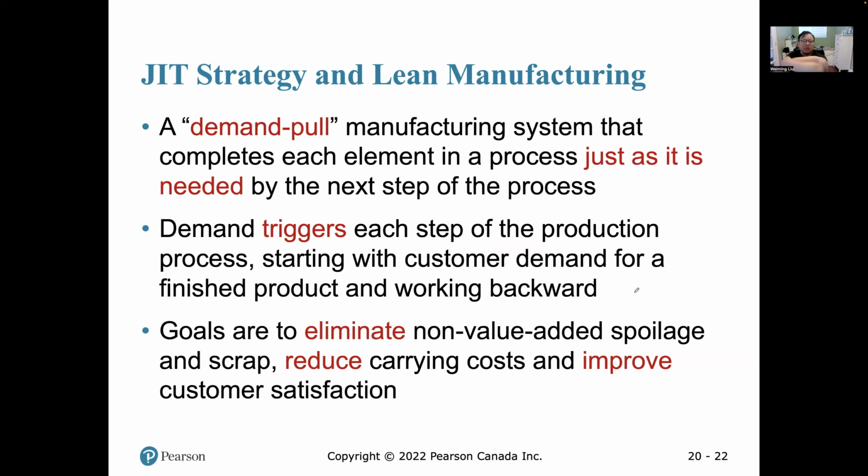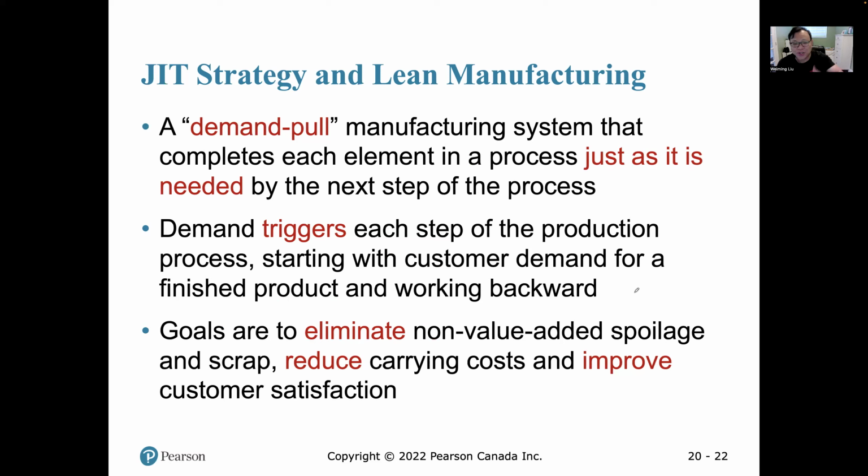So the strategy is called a demand pull manufacturing system. Okay. So this demand pull manufacturing system completes each element in a process just as it is needed by the next step of the process.